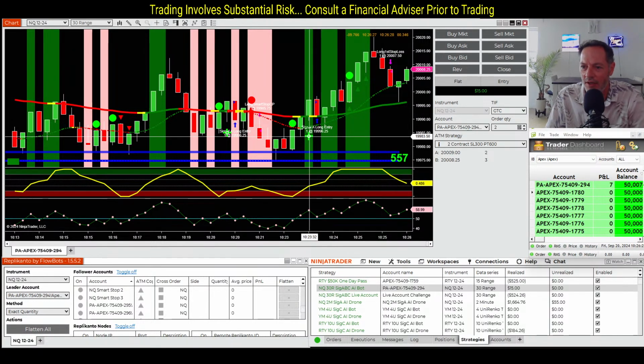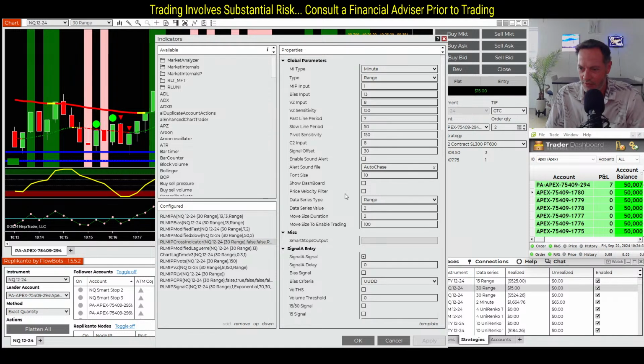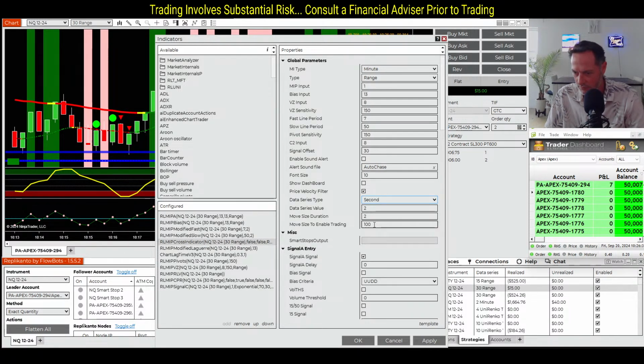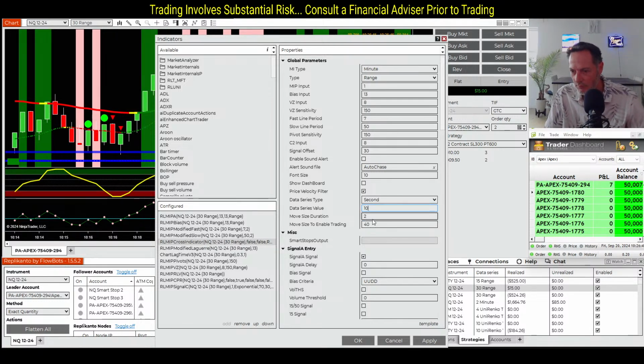Oh, let me show you how that works too. So in our cross indicator, you can put the velocity filter. I'm going to look at a second data series, 10 seconds, and we'll go for 2 bars, but want to see that it have a 40 tick extension.